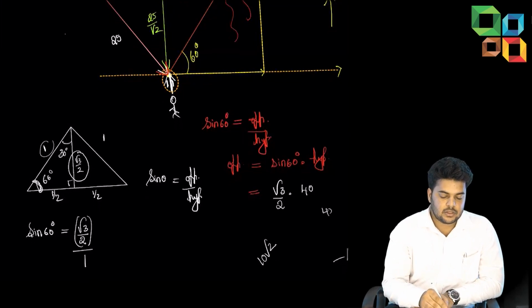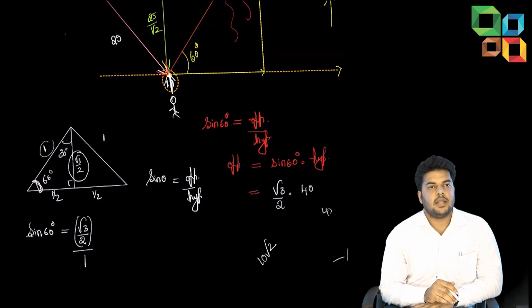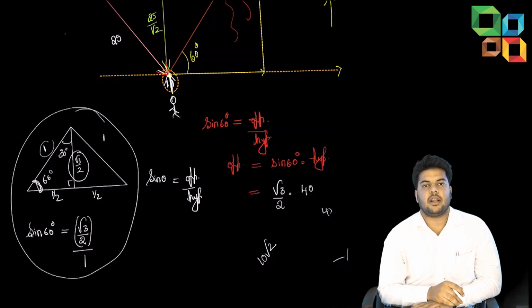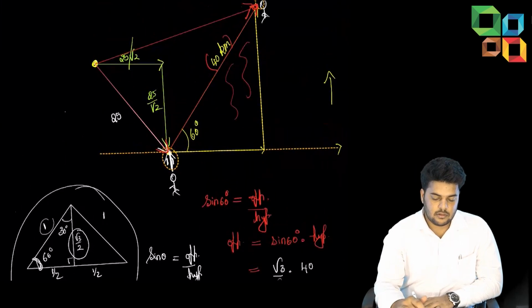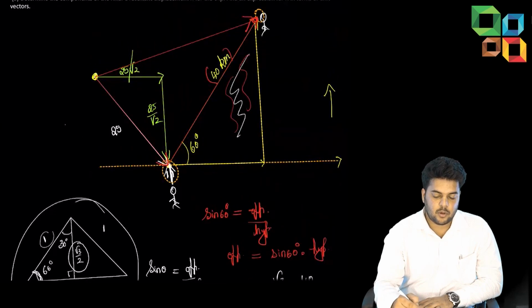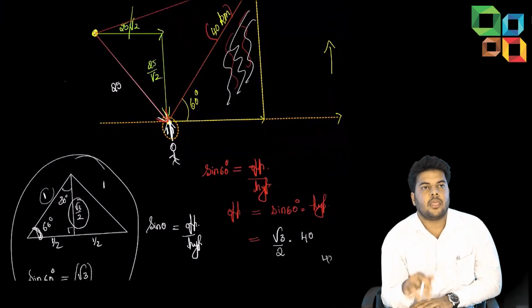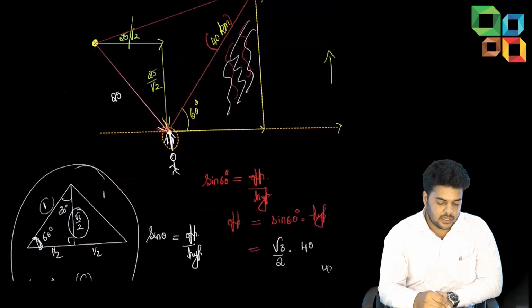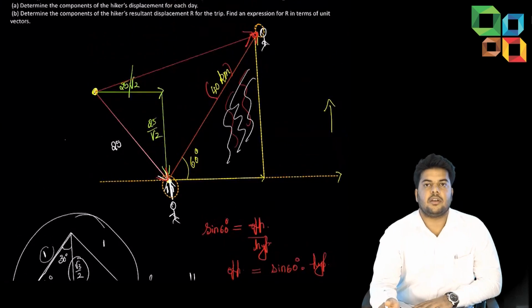So in this 1, 1, 1 triangle, we found that sine 60 is root 3 by 2. That is not completely useless. If you figure it out for one triangle, we can figure it out for every triangle because of similarity of triangles. The triangle in the particular problem that I'm solving does not have 1 kilometer as the hypotenuse.